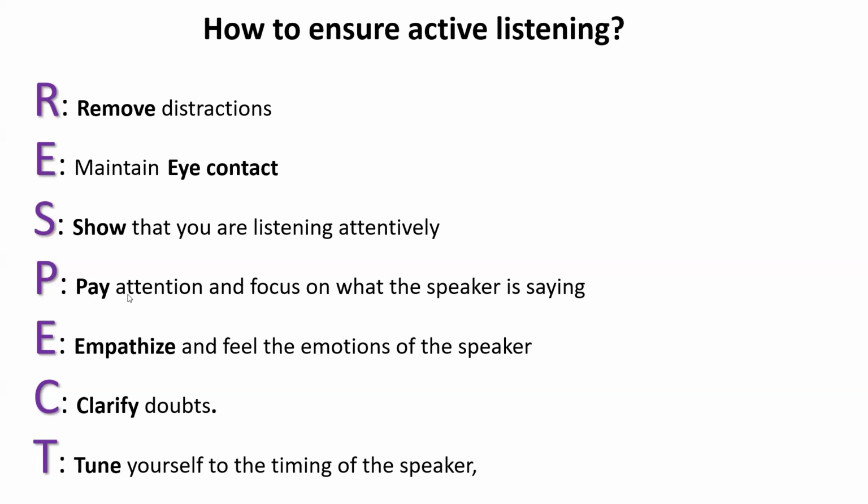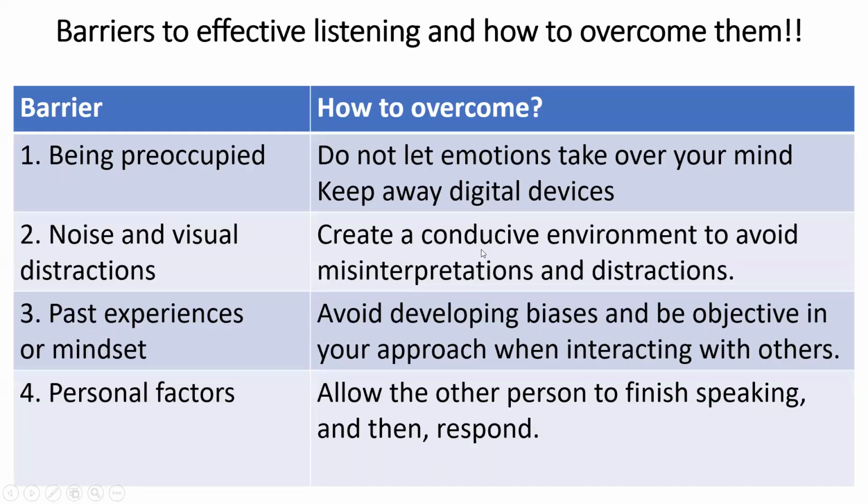Okay, moving further, we talk about certain barriers which you may have while you are listening to somebody, and how can you overcome that. Now, certain barriers are very common which you can talk about, or you can even think of. Definitely, you are preoccupied.